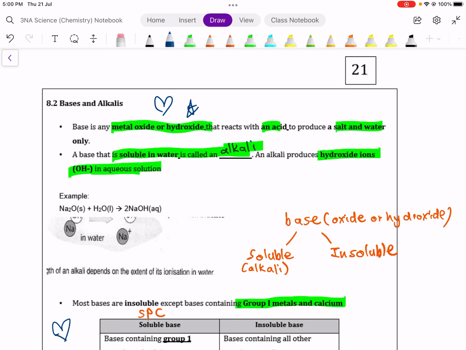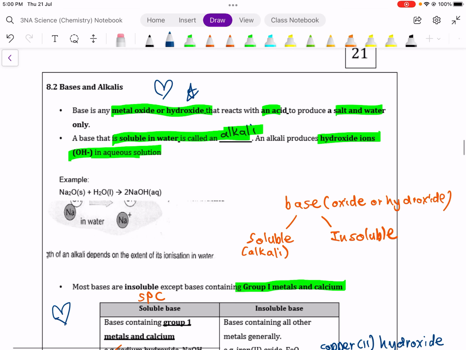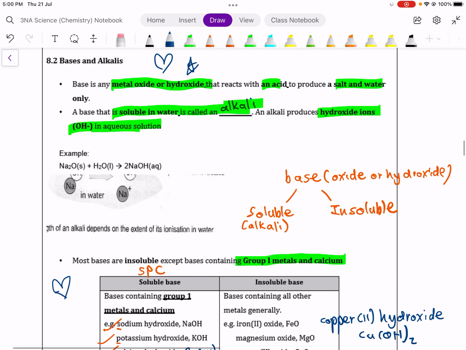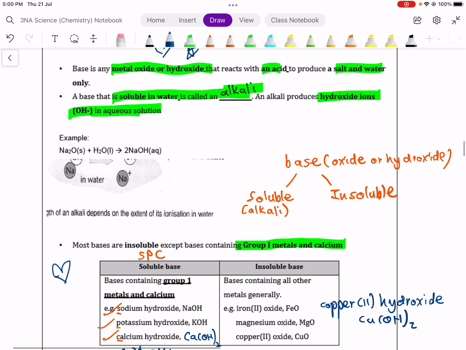A base is a metal oxide or hydroxide. A base that is soluble in water is called an alkali. So a base can either be an oxide or a hydroxide. Base has two kinds, although mostly are insoluble, except a few are soluble.